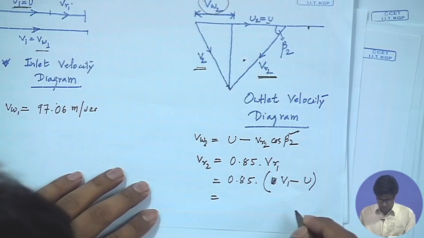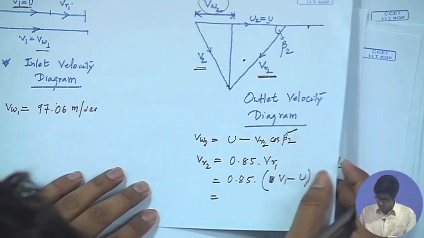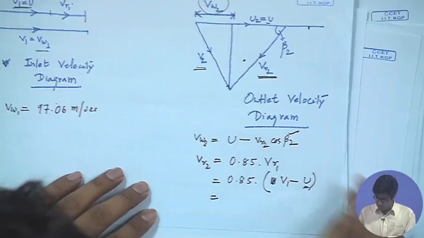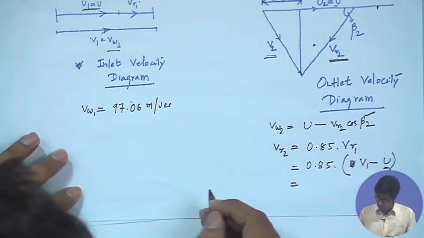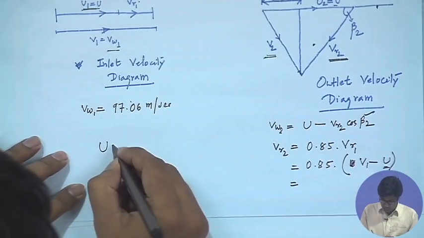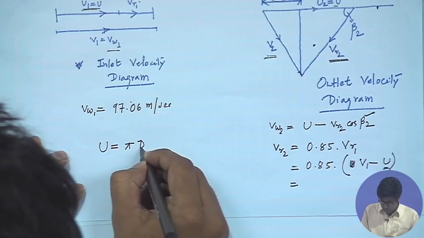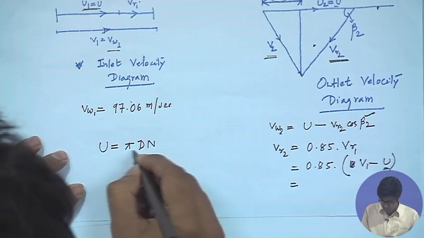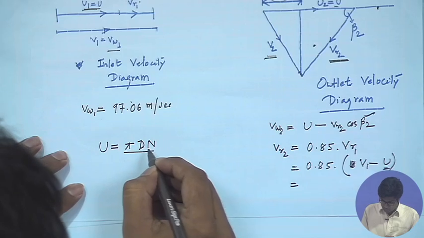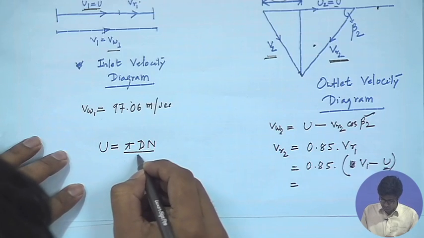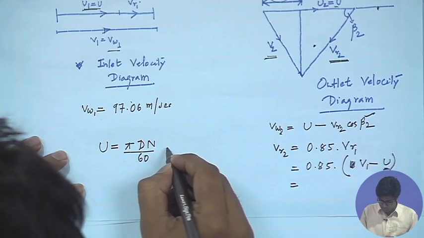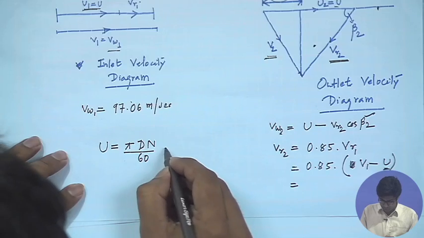So, we have not found out u yet. So, we have to find out u, that is the peripheral velocity of the blade. The peripheral velocity of the blade is given by pi into the runner diameter into the rotational speed of the runner divided by 60, since N is in rpm.